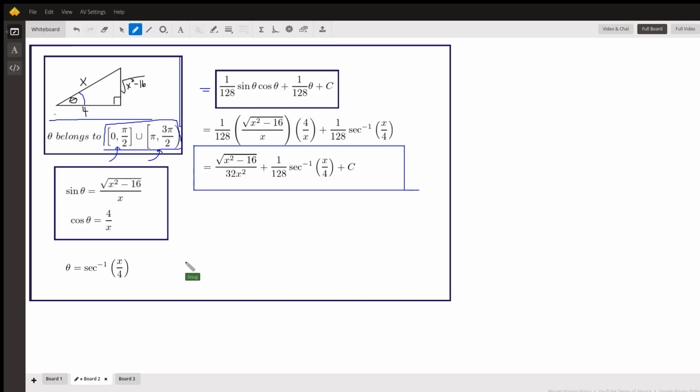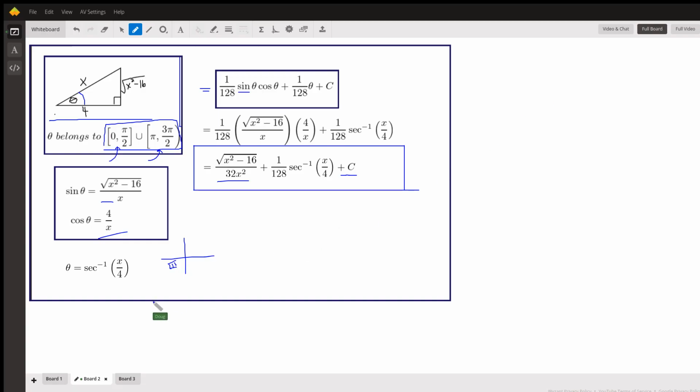Standardly, for most inverse secant functions, the angle is between 0 and pi. But for our purposes, we've moved the negative portion to quadrant 3. And so there's the substitution. Sine theta comes from here. Cosine theta comes from here. Can multiply and simplify to get this first term, and 1/128th inverse secant of x over 4 plus c.